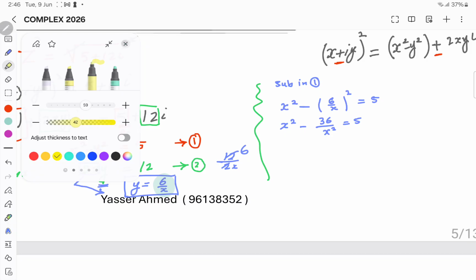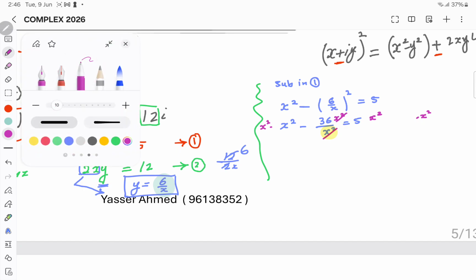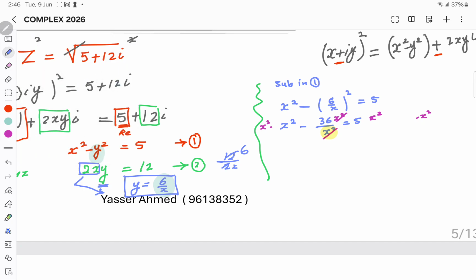To remove any denominator, we multiply through by that denominator. So to remove x squared here, we multiply all terms by x squared. x squared times x squared is x to the power 4, minus 36 equals 5 times x squared, which is 5x squared.